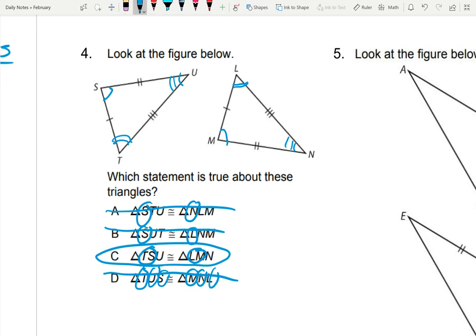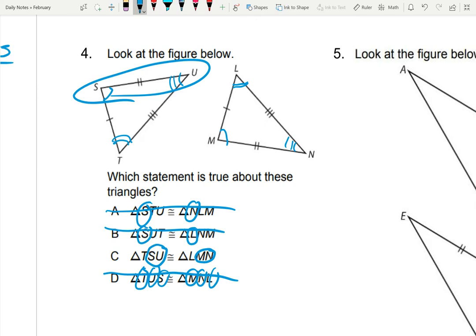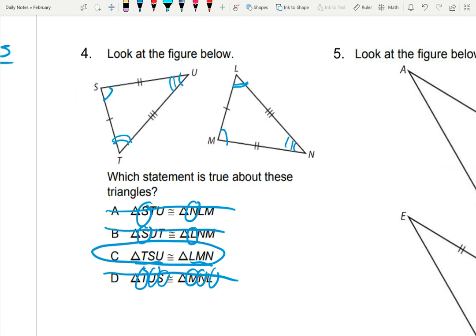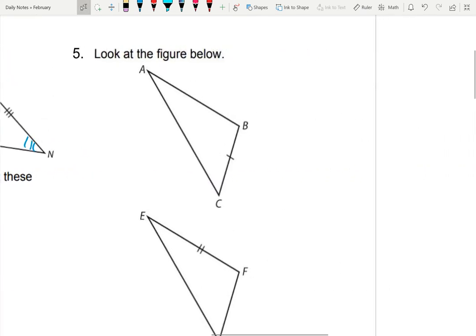Now, let's look at side SU. Side SU should correspond with side MN. So side SU is a double tick mark side, and side MN is also the double tick mark side. So those do correspond. Remember, the order here is extremely important. The order here has to match. They have to correspond. So that's what they're looking for, and that's number 4.